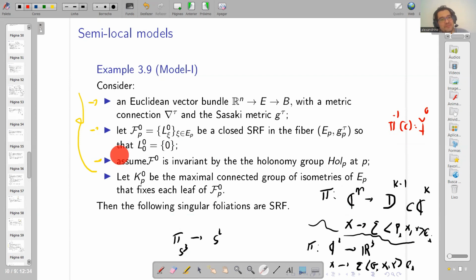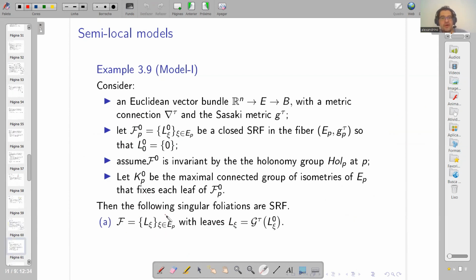So, and this may illustrate this guy. So now that we have this element, we do the following. Instead of translating vectors, we want to translate an entire leaf. So we have here a fiber. We have here our base.